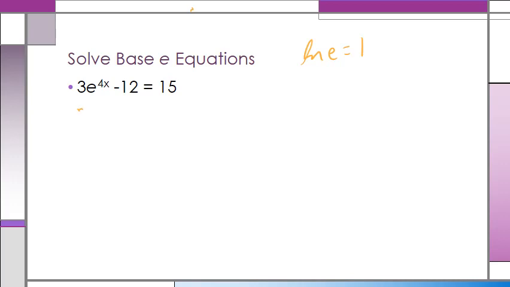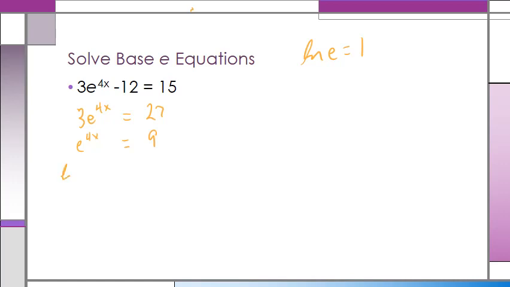Well, we're just going to solve this like we normally would, at least for the moment. We're going to add 12 to both sides. So now we've got 3 times e to the 4x equals 27. Let's divide both sides by 3, and we get e to the 4x equals 9.